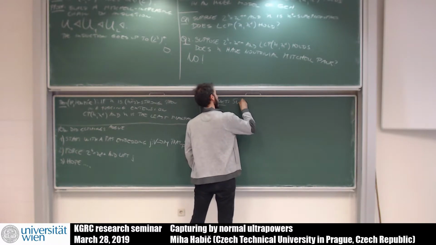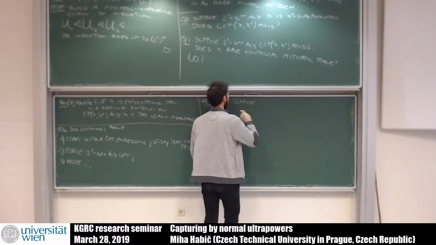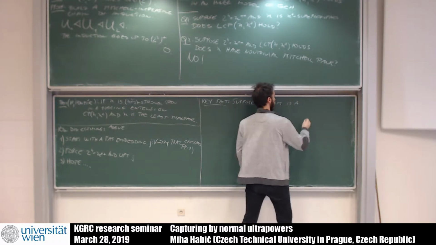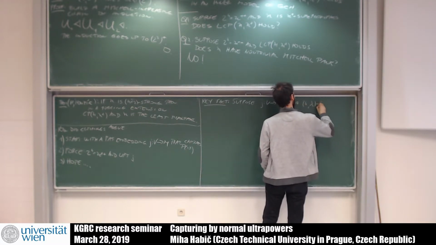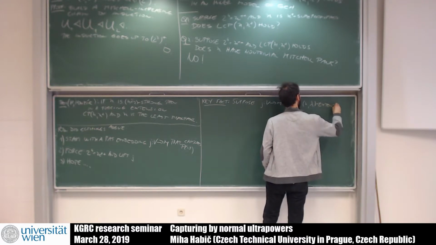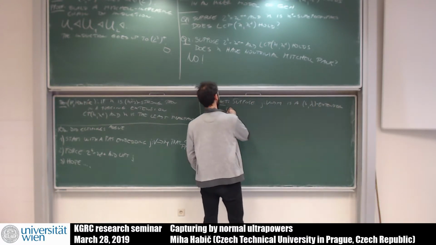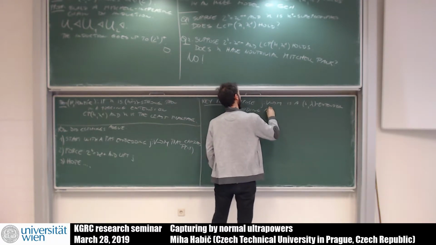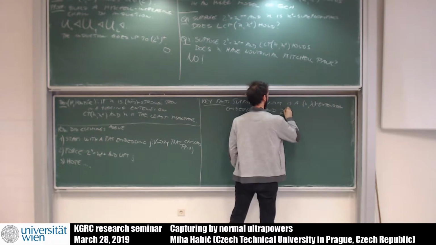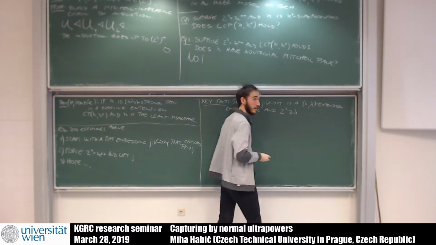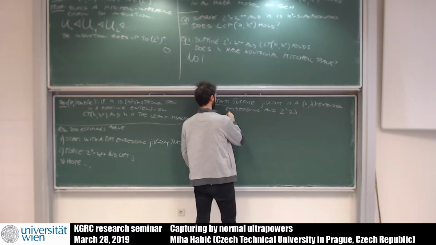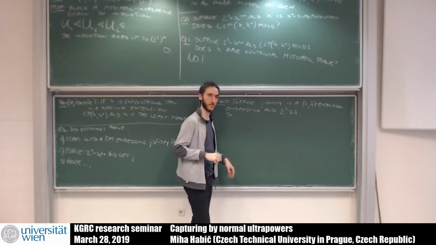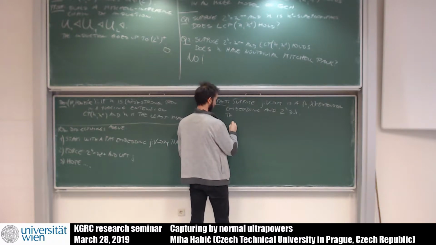Suppose j from V to M is a kappa lambda extender embedding, and 2 to the kappa is at least lambda. If you don't know what a kappa lambda extender embedding is, you'll see what it is in the proof. It's nothing very fancy.